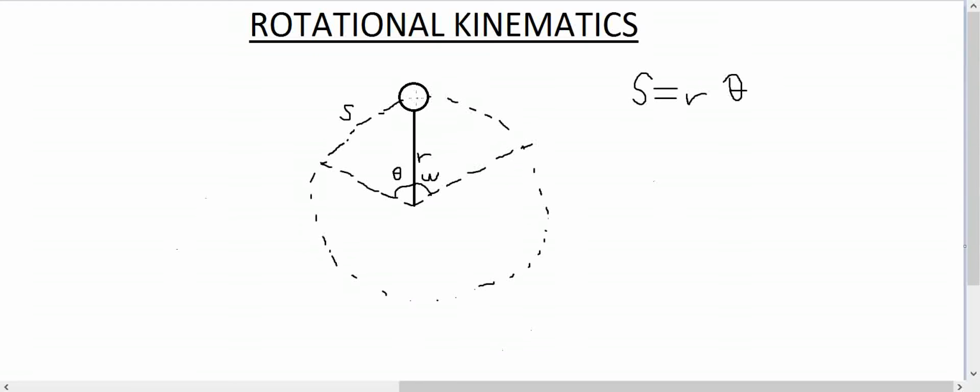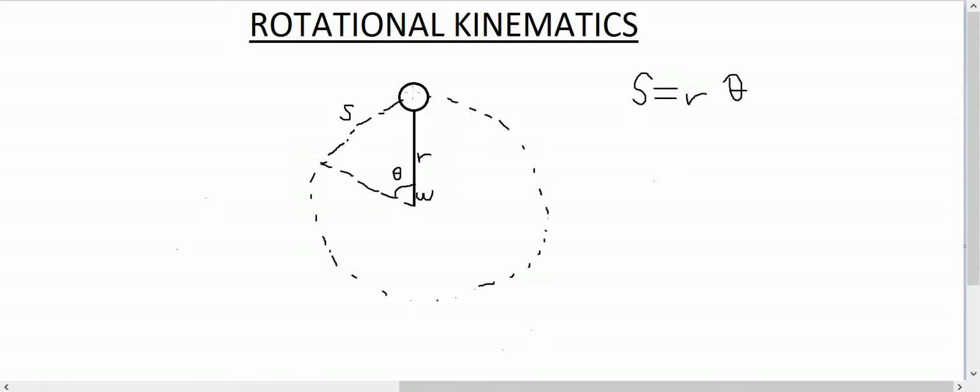Basically, say now it has an angular velocity of omega. What's the tangential velocity?